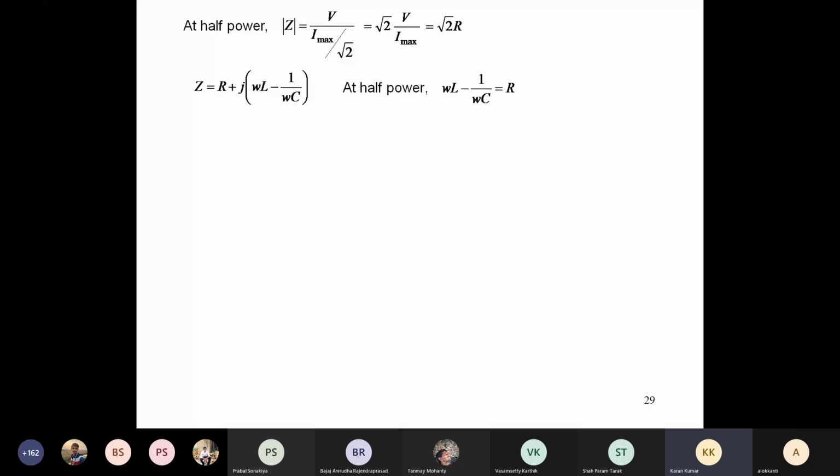Sir, omega 2 is omega r by 2q into 1 plus root of 4q square plus 1.